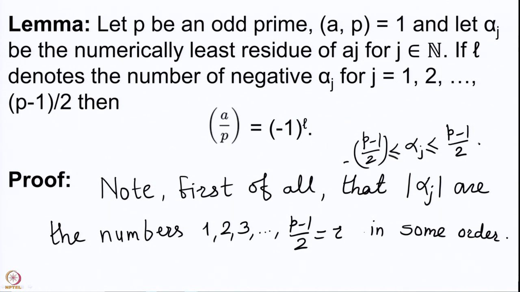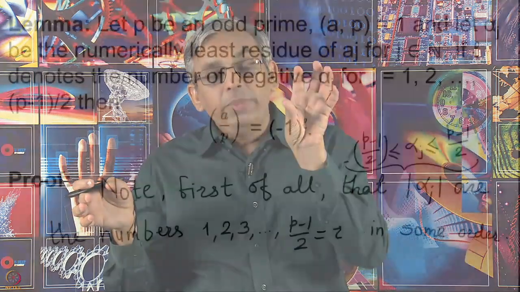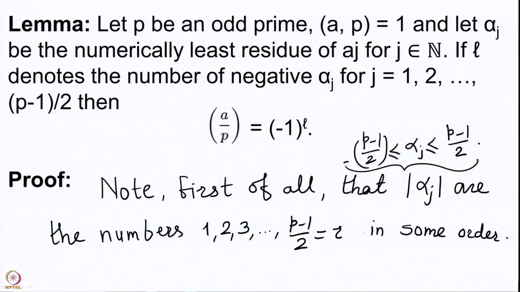Alpha j's are the numerically least residues for these products Aj, but these are numerically least, which means they are from minus p by 2 to p by 2, and now p is odd. So, alpha j will never be equal to p by 2 or its negative. So, it will actually be from minus of (p minus 1) by 2 to (p minus 1) by 2. So, we have this inequality.